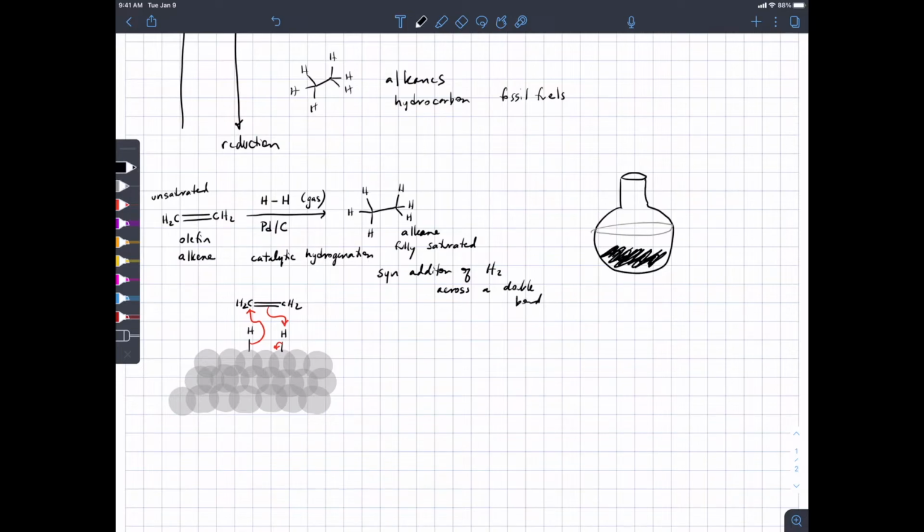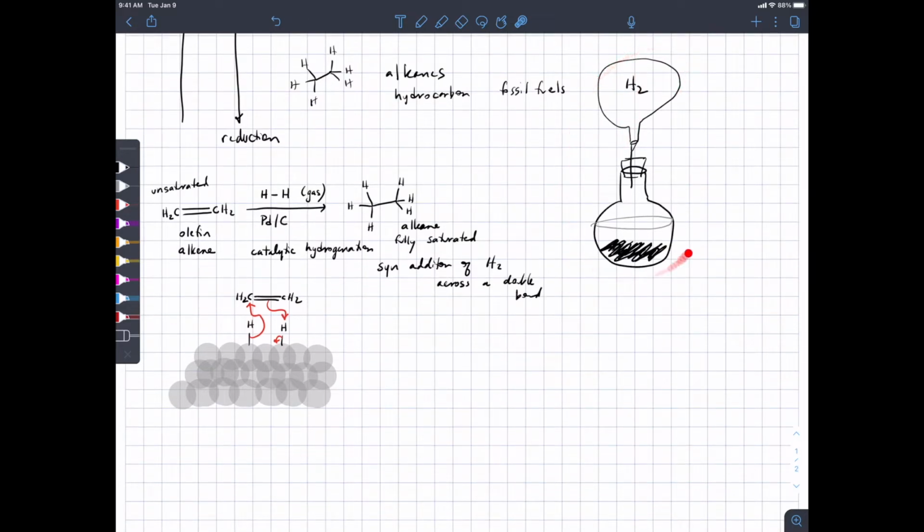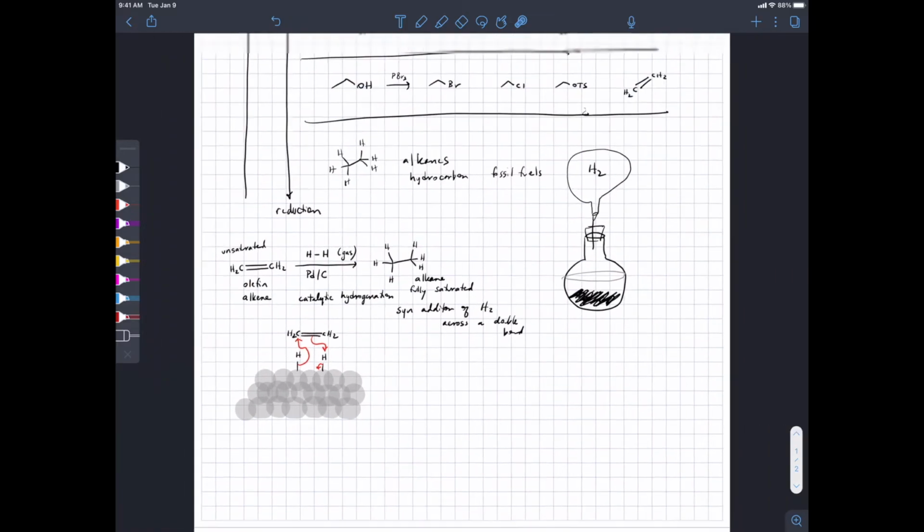Then you have a stopper in the flask, but you insert a needle through the stopper, and to that needle, you attach a balloon that has hydrogen gas in it. That provides atmospheric pressure of hydrogen, pushes the hydrogen in here, and then the hydrogen can dissolve in the solution and get down to the metal. If you were to walk through many of the organic labs upstairs, you would see a setup like this. There are other ways to do it, but that's the traditional one.